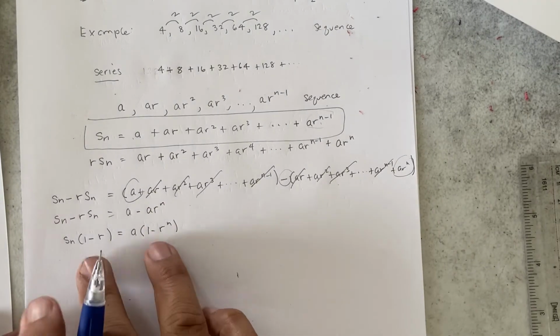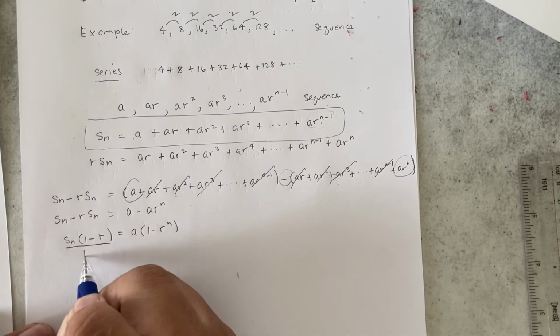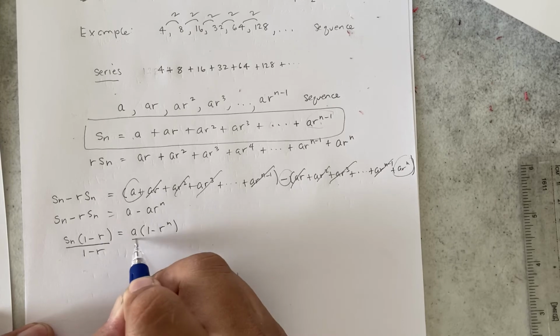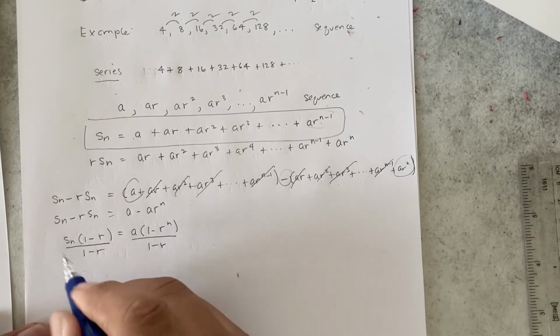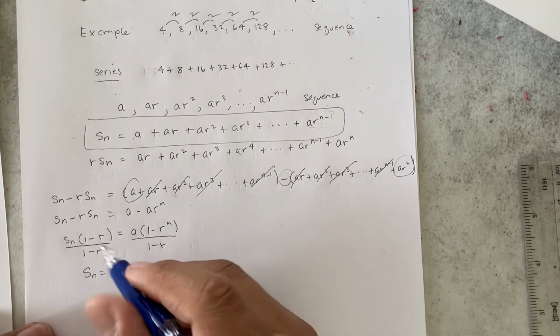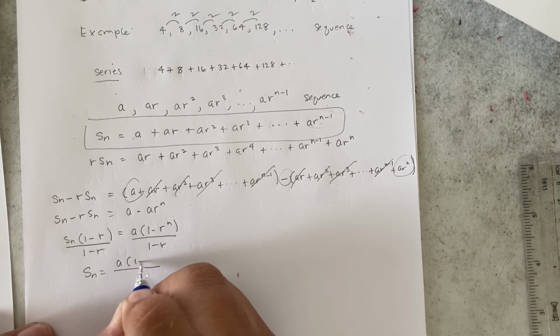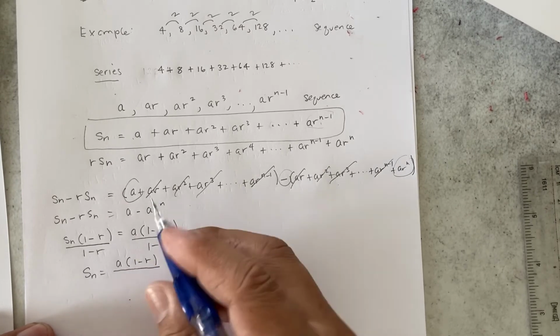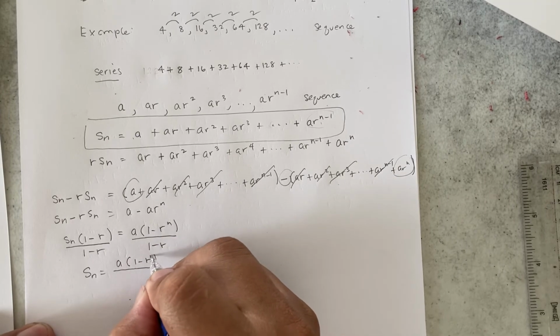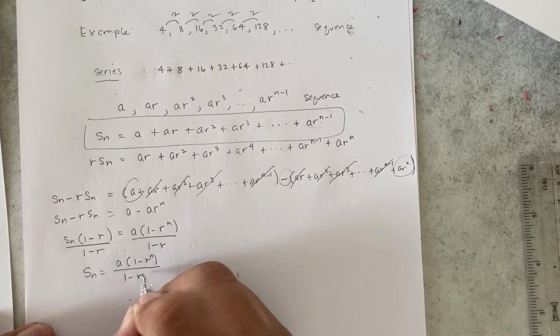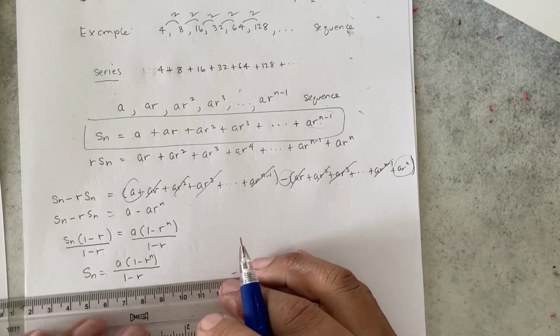From here, I'm going to divide by 1 minus r. So what we have is S sub n equals a times 1 minus r to the n over 1 minus r.